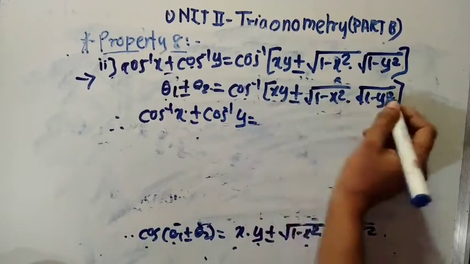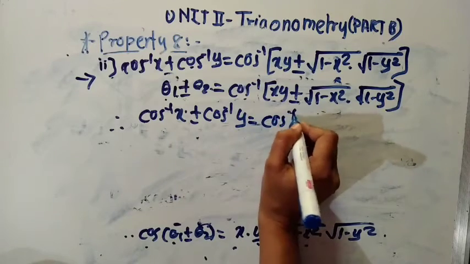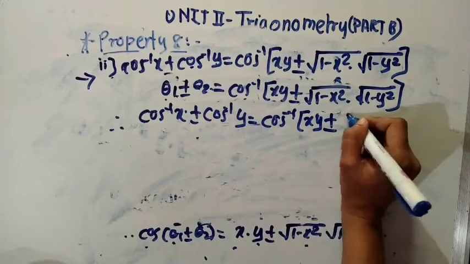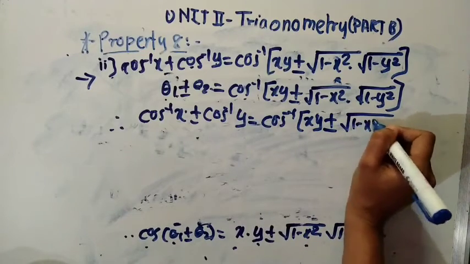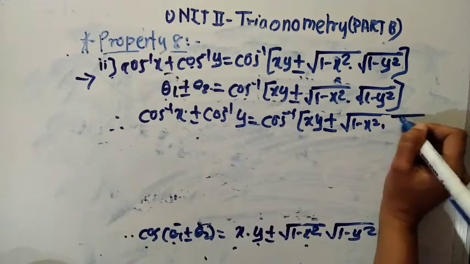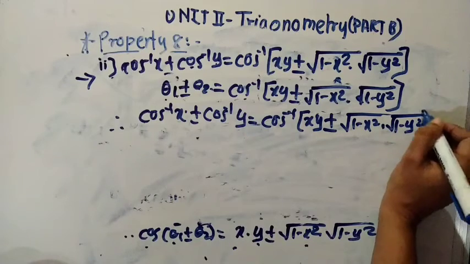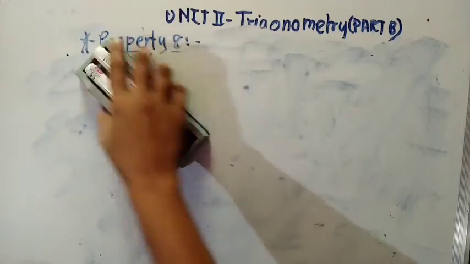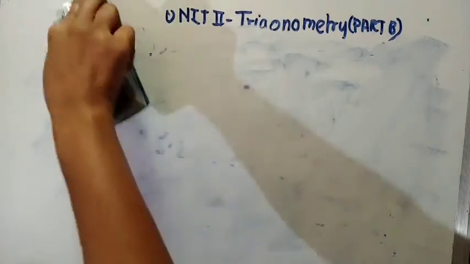So it is equal to cos inverse of xy plus or minus root 1 minus x square into root 1 minus y square. Then we give the next point.